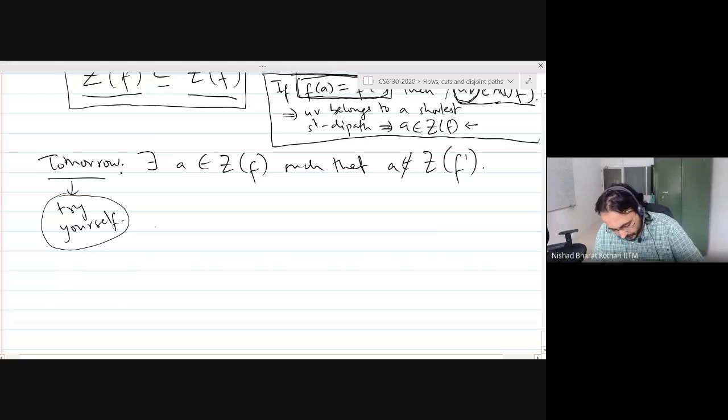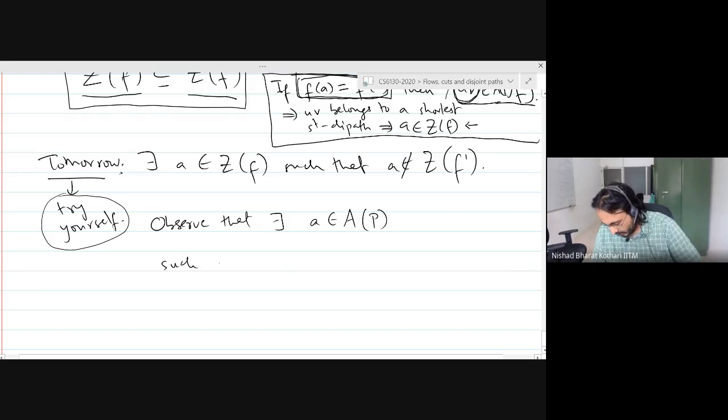Okay, so note that, I'll say observe that, and I will let you observe it yourself. There exists an arc A on the incrementing path P such that either A is a forward arc on this path. Remember, there is no notion of forward and reverse in a digraph. It only makes sense when you have a path, right?